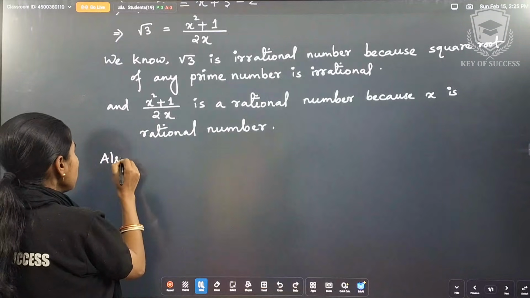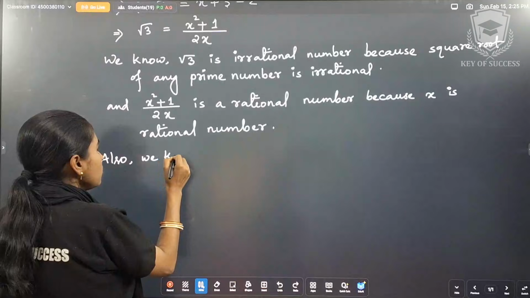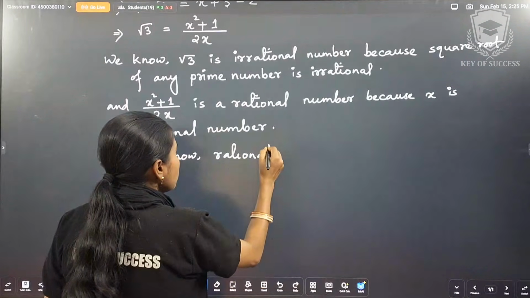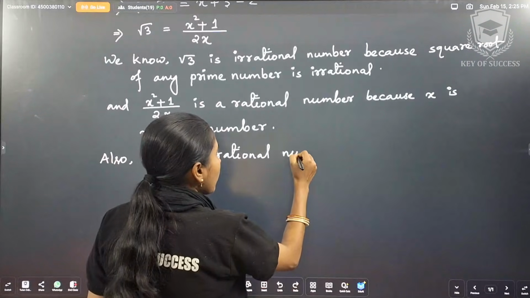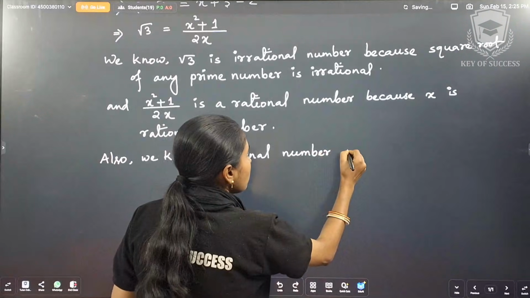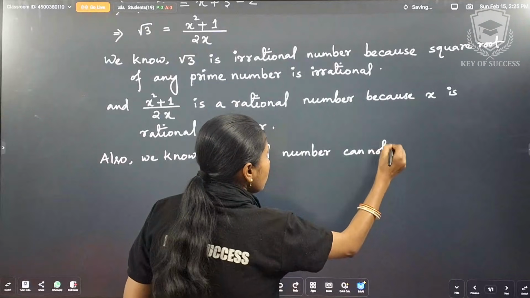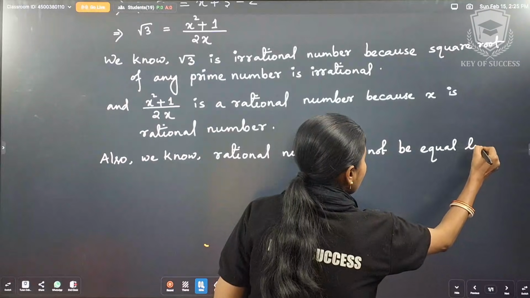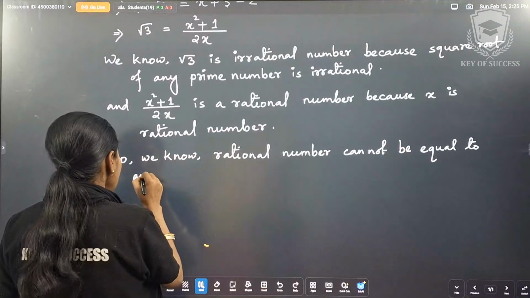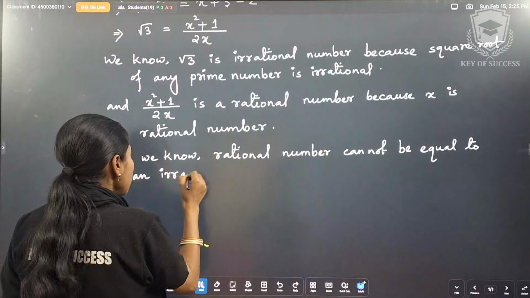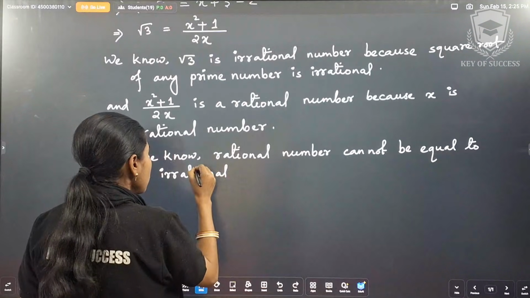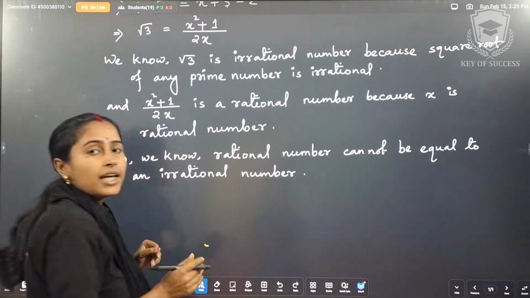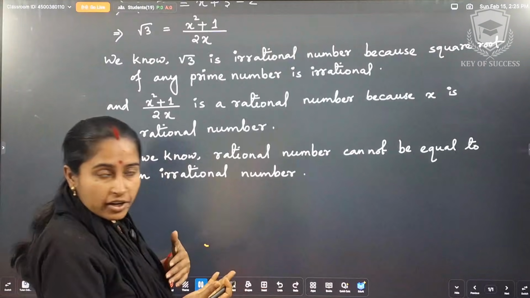Also we know a rational number cannot be equal to an irrational number. A rational number and an irrational number will never be equal. So now we are getting one contradiction.